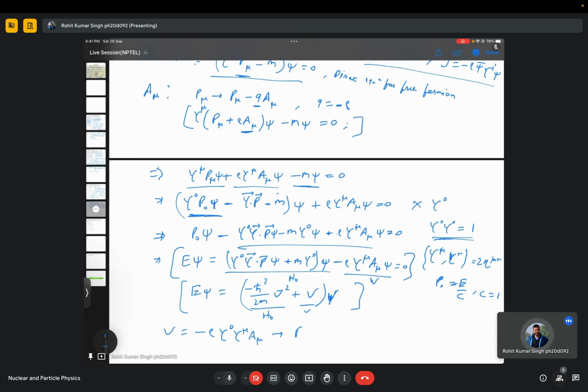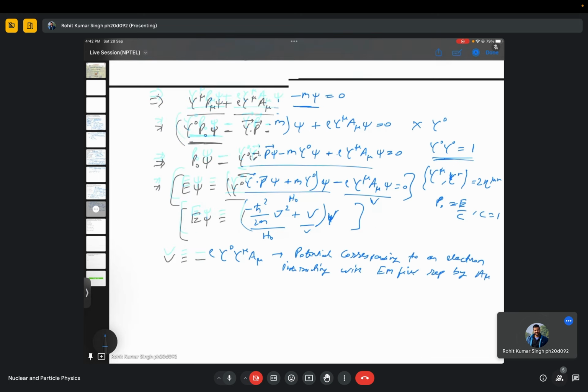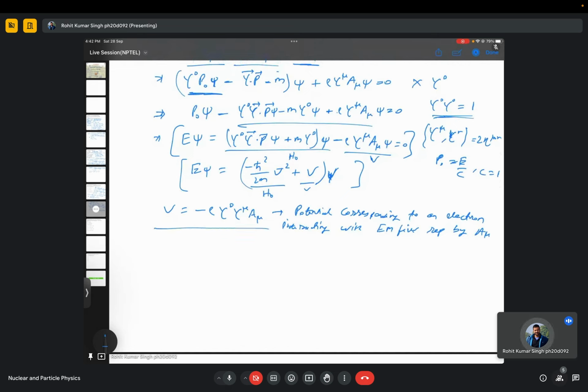This is a potential corresponding to an electron interacting with an EM field represented by A mu. Now, since we have found a potential, it is trivial to find a solution for A mu.